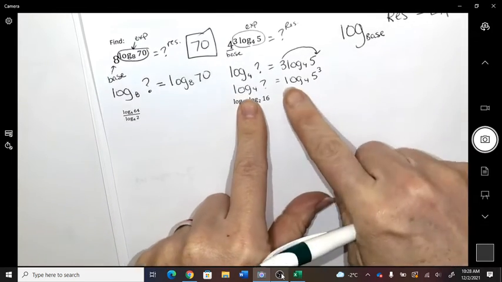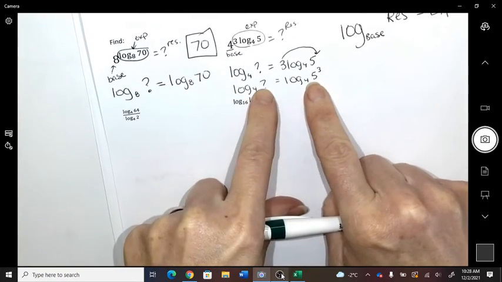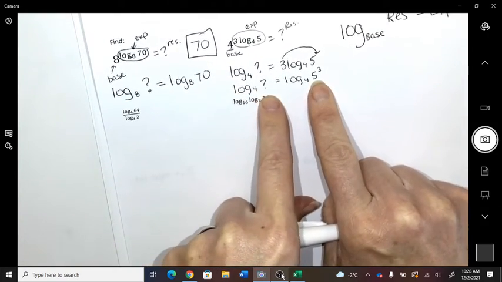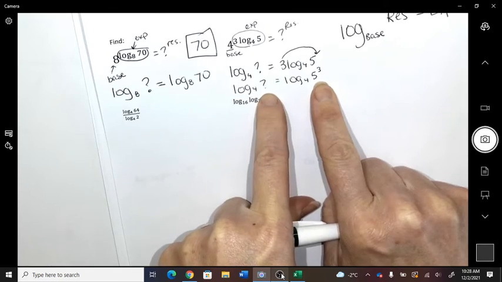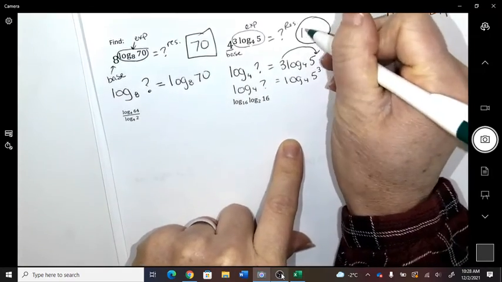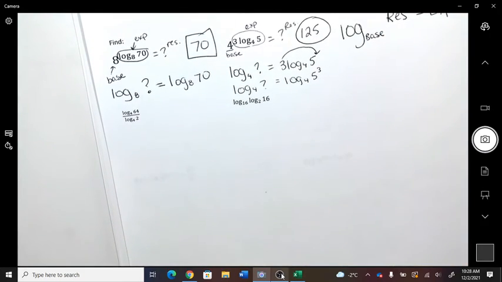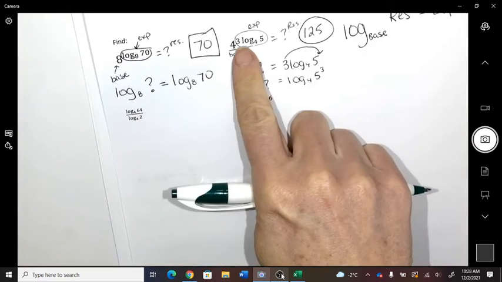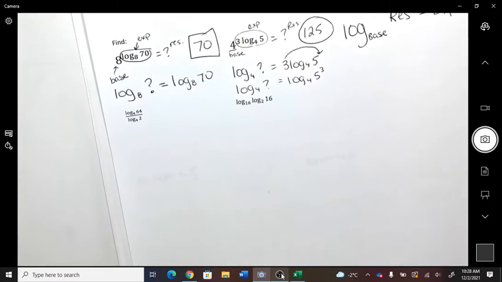Okay, so now both of these are log 4. So the conclusion is my question mark would be the result is 5 cubed, but I'm going to say that's 125. Okay, so that was almost the same except for we had to involve the multiplier with our rules.